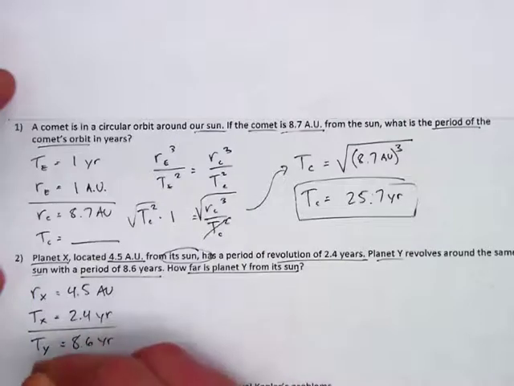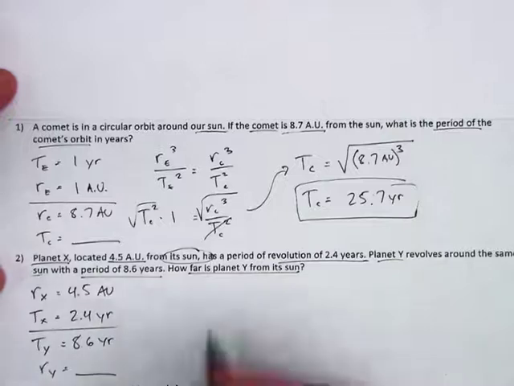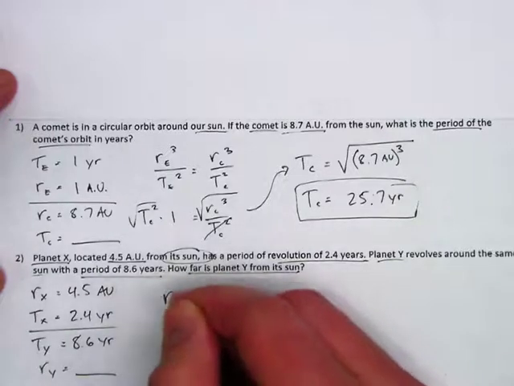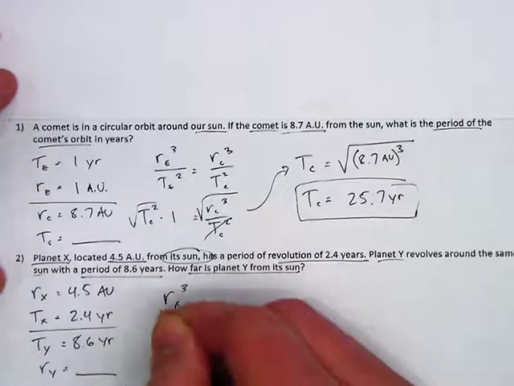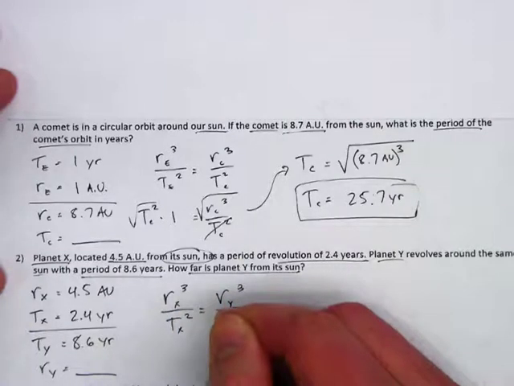We want to know the orbital radius of Y. So again, we can set up Kepler's third law. Rx cubed over Tx squared is equal to Ry cubed over Ty squared.